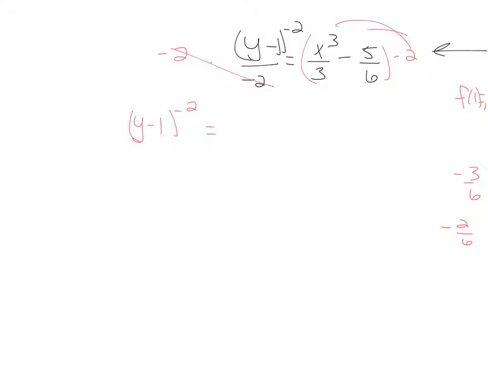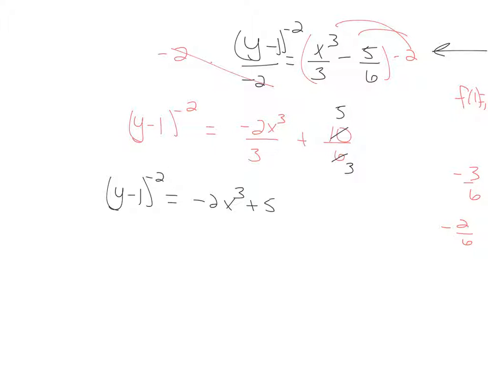And when I bring this in, I end up getting negative 2x to the third over 3 minus, well, positive actually because of negative and negative, 10 over 6. Now this just becomes 5 over 3, which is kind of nice because now I have negative 2x to the third plus 5 over 3. Alright, because it's the same denominator.